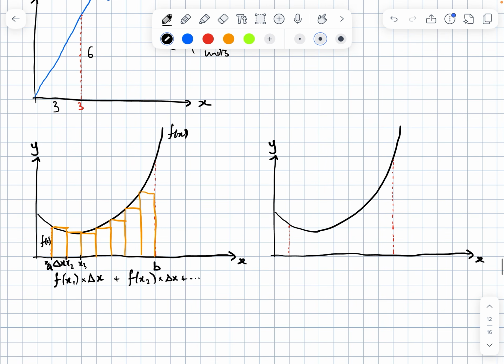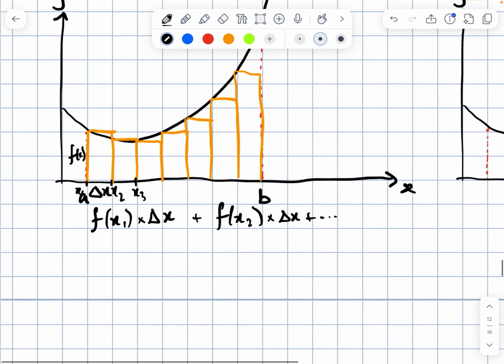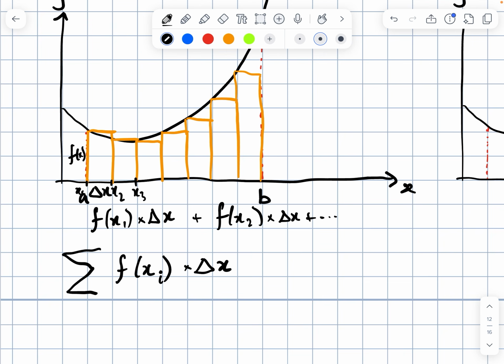A way to write a repeating sum is to use sum notation, which has the capital letter sigma of the function at, and because the 1 is becoming 2, then 3, I'm just going to use letter i, times that change in x, and this is going to go from i equals 1 to the end. So in this case we've got x1, 2, 3, 4, 5, 6, 7, and so I'm going to do until 7.